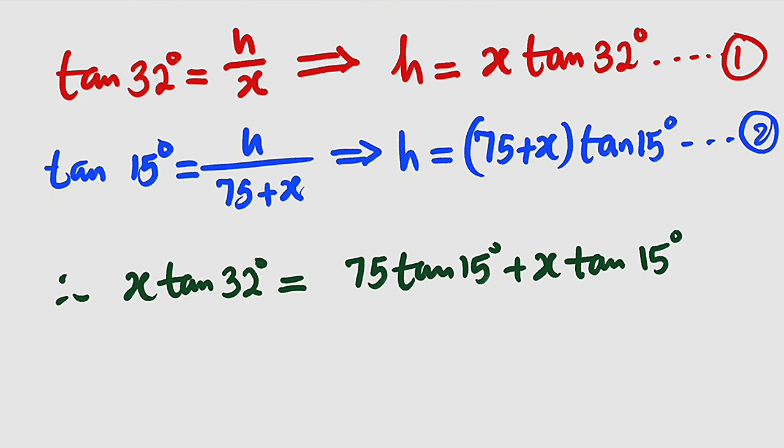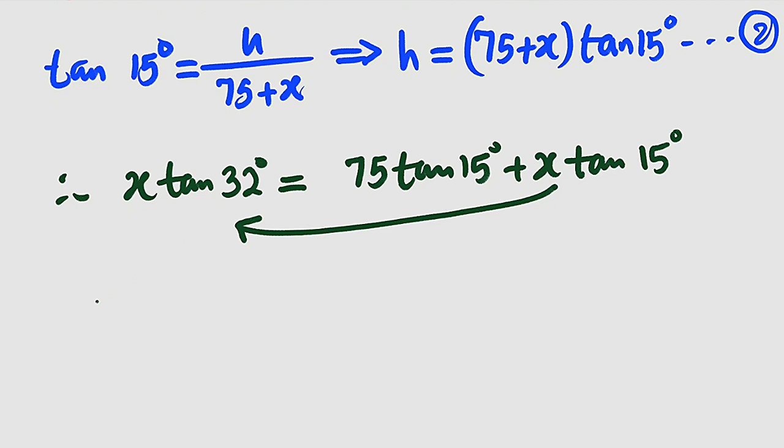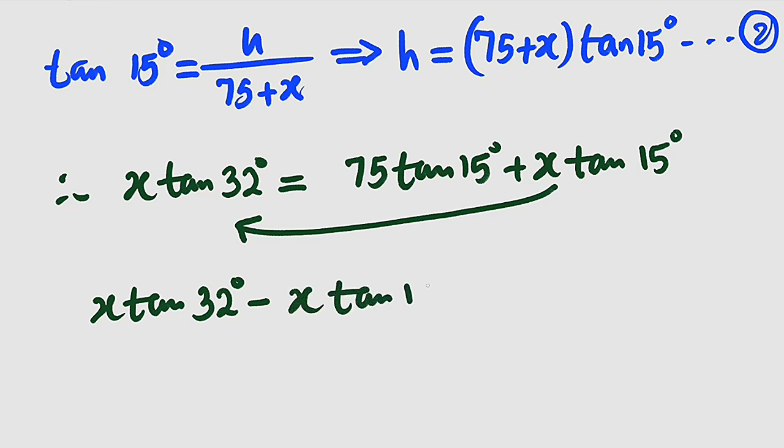So if you observe, to the left hand side we have an expression in terms of x. Likewise here, so we can bring them to one side. If you bring this one to the left, it becomes negative. So we have x tangent of 32 degrees minus x tangent of 15 degrees, and this is equal to 75 tangent of 15 degrees.